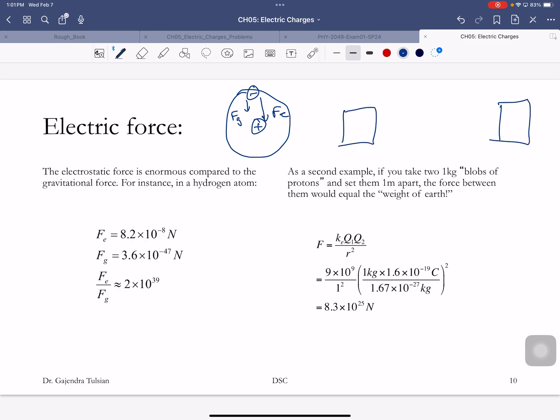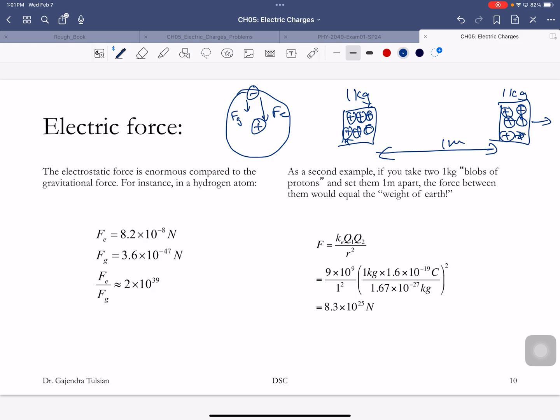If you take a liter water bottle and strip this water of all its electrons, now that's almost an impossible thing to do, so you essentially have 1 kg of protons. That's not true, you'll have half a kg of protons, but we'll say 1 kg of protons. What will they do?